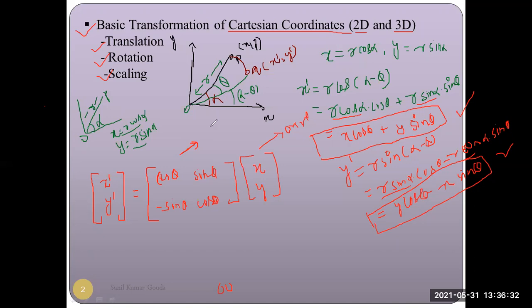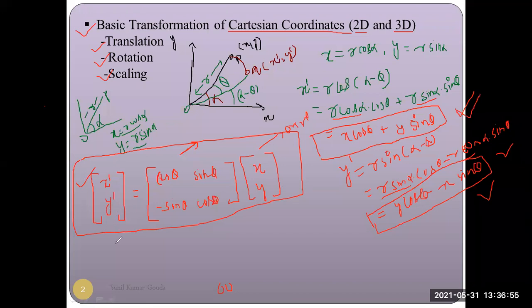Now, repeating, with angle of theta, this will be your transformation matrix, and when you solve you will get the transformed coordinates, which are x dash and y dash. This is a matrix representation. And how will you represent a unified point?